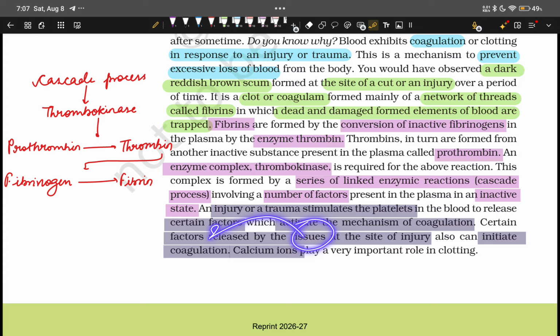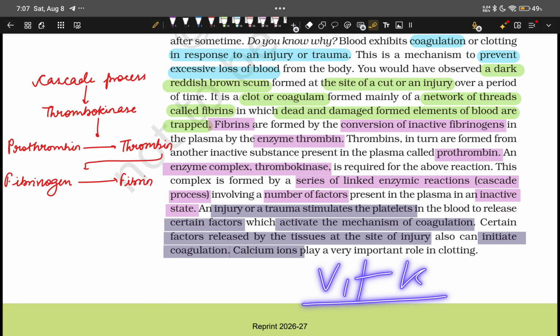Tissue can also release certain factors at the site of injury which can activate the coagulation mechanism. So the statement that only platelets can initiate coagulation is false. Both platelets and tissue at the site of injury can initiate coagulation. Calcium ions are also important for clotting, and we also know vitamin K is important for clotting.